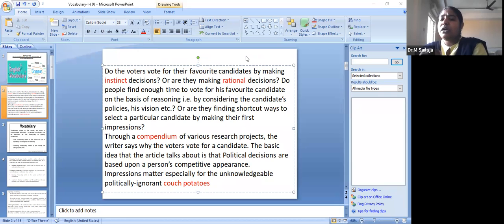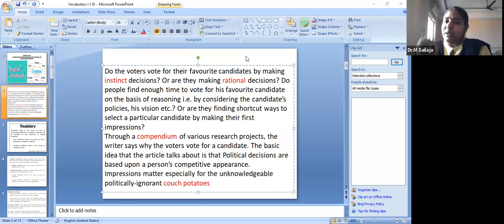So here instinct decisions means following something by blindly believing, and rational decisions means following something when we feel it is genuine or original, when we feel it is 100% true, 100% correct.